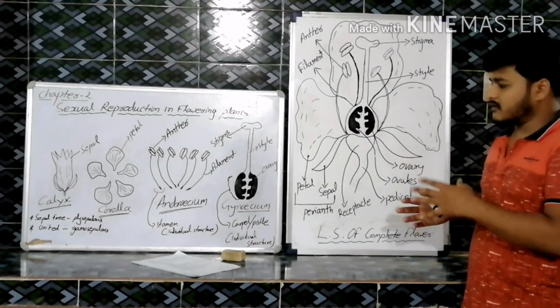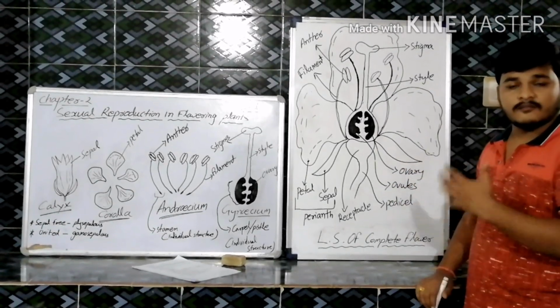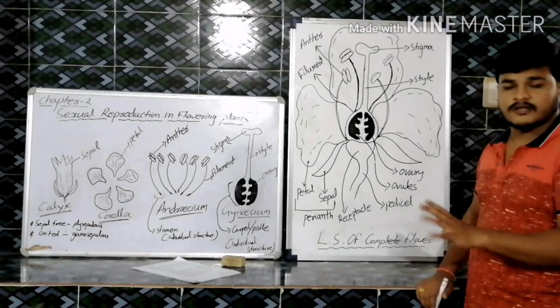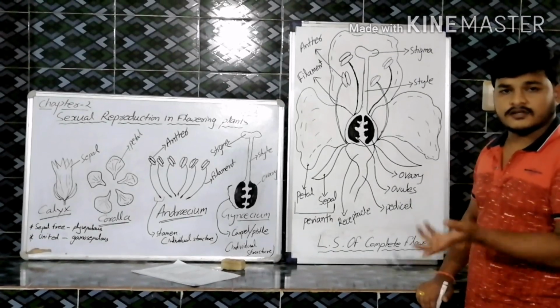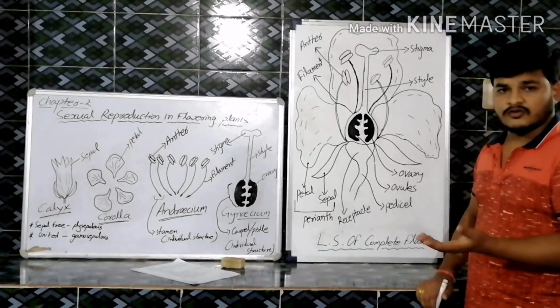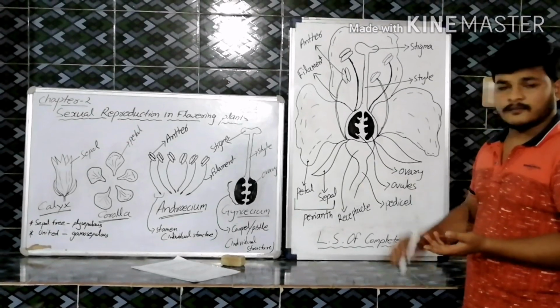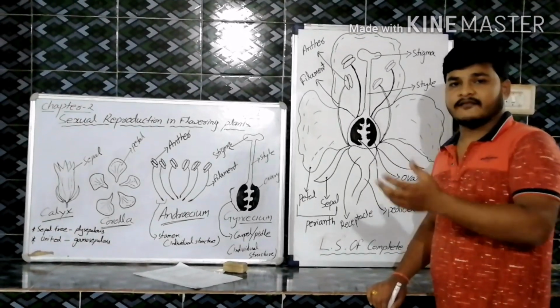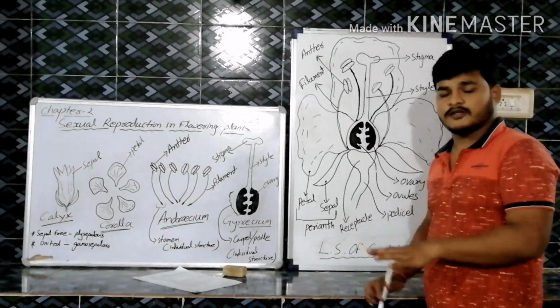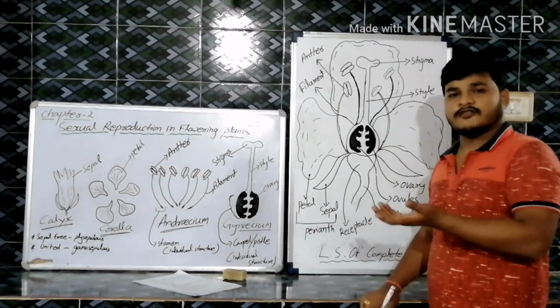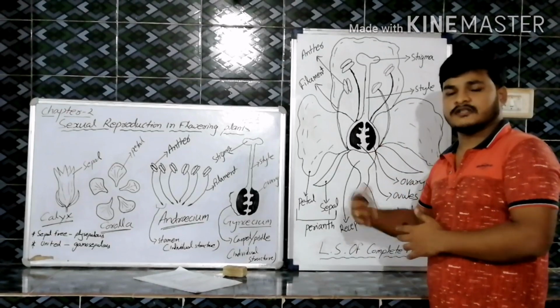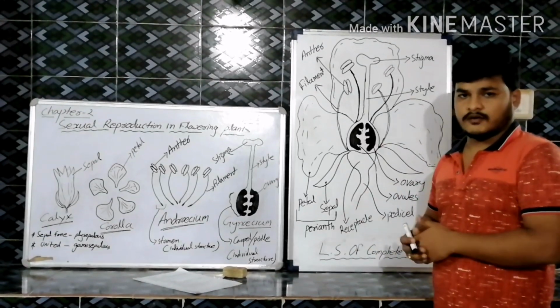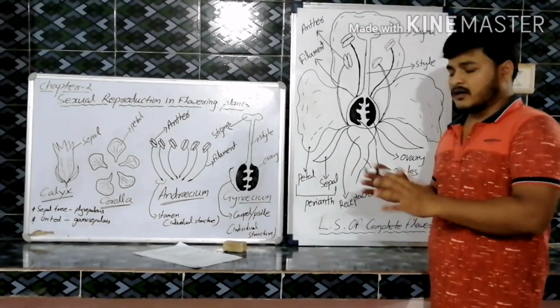In some plants, the flower is bisexual, meaning both male and female parts are present. In some plants, unisexual flowers develop with a single type of structure. That means androecium is present and gynoecium is absent, or in some plants gynoecium is present and androecium is absent.